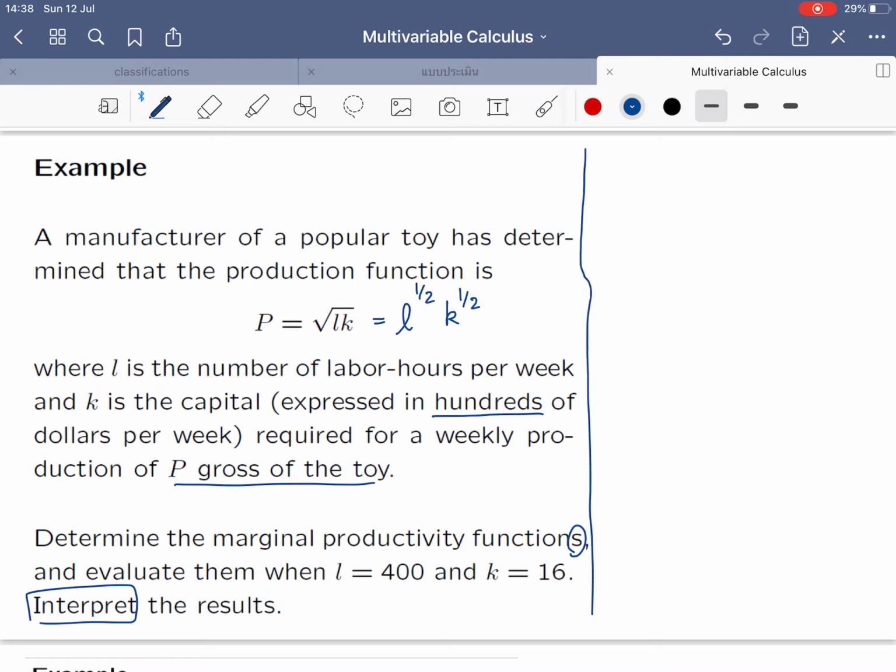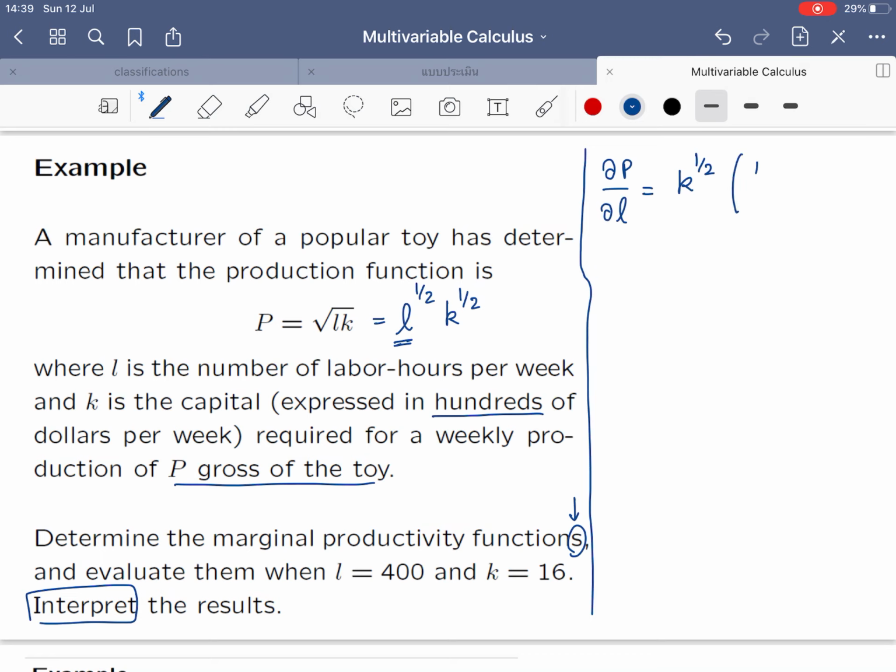This is one more time. They didn't indicate which marginal they want, so it means that you need both of them. If you find the partial derivative with respect to L first, it means that K is regarded as a constant, and the derivative goes directly to L raised to the power 1/2.